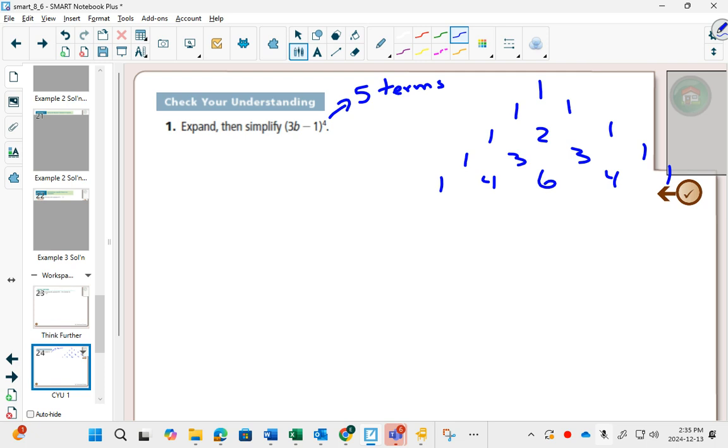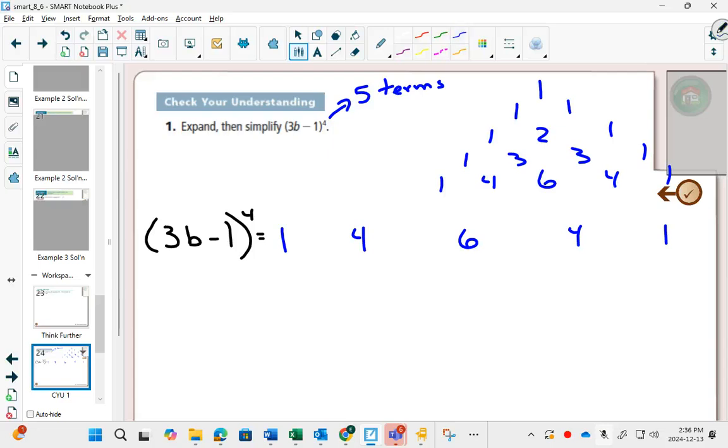That's when I get to 5 numbers. So if I want to do the expansion of 3b minus 1 to the 4, I'm going to start by just spacing this out. 1, 4, 6, 4, 1. Those will be my coefficients of my 5 terms.